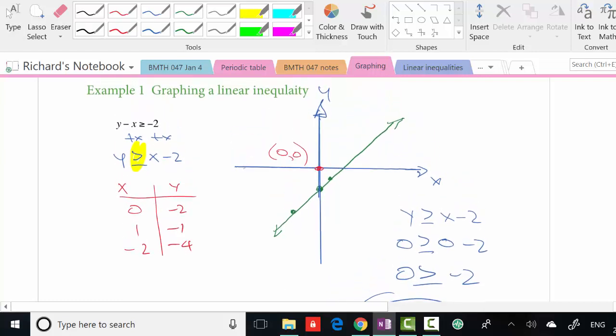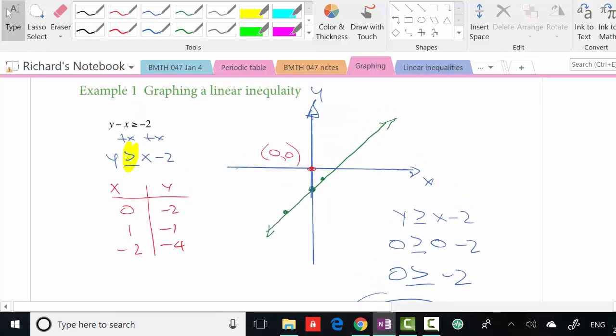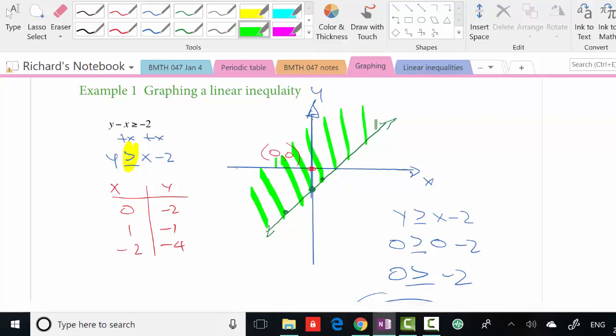That means that the point 0, 0 is actually on the side of the boundary that makes the inequality true. So I'm going to shade that in, like so.